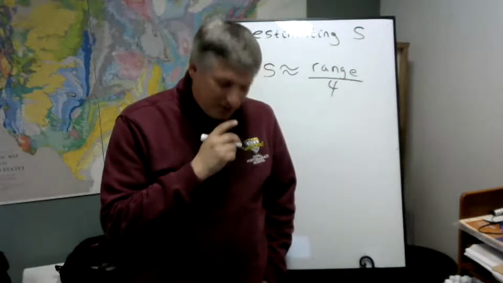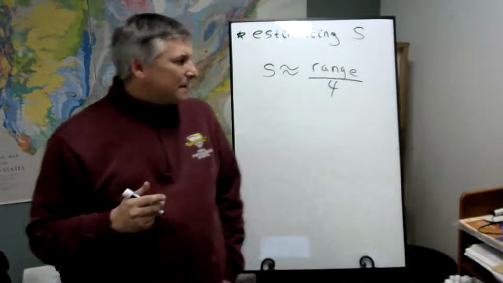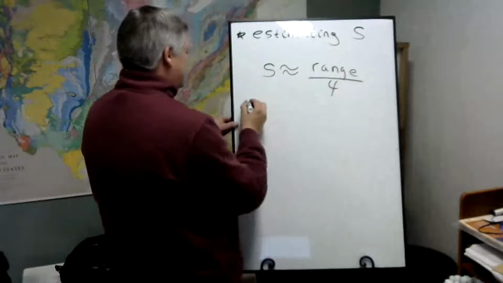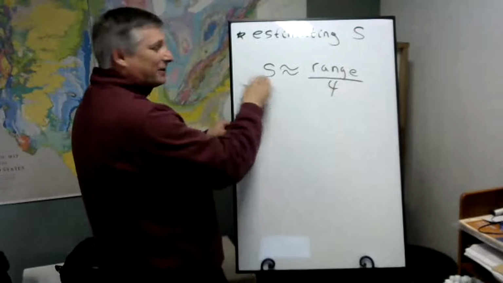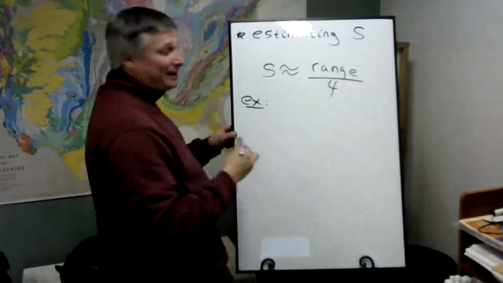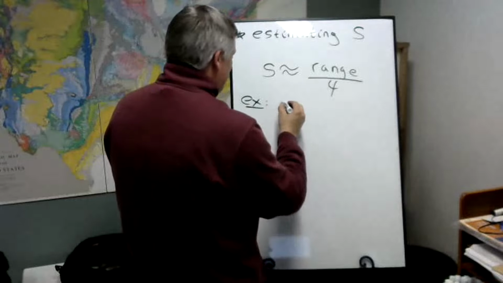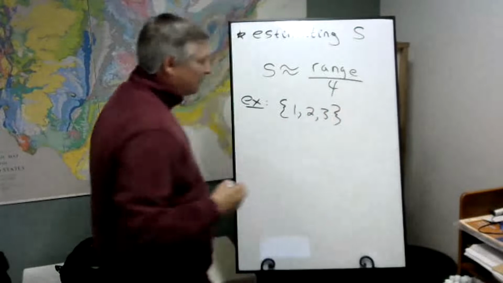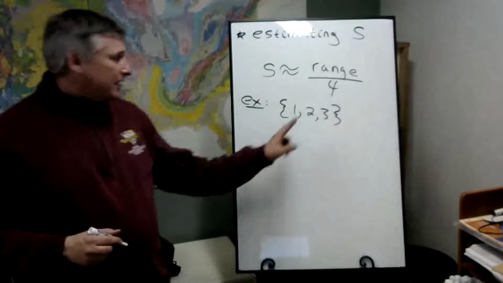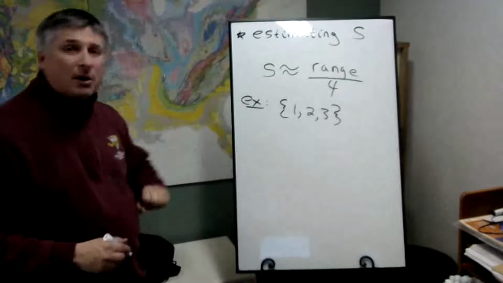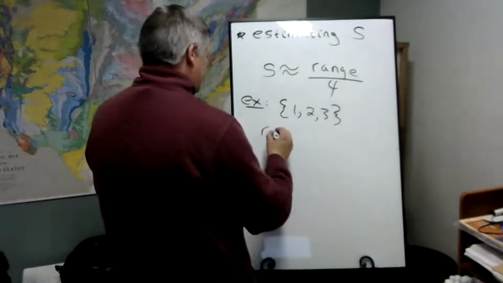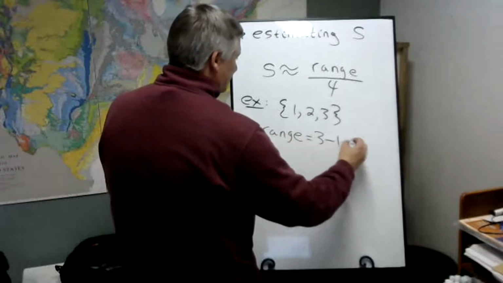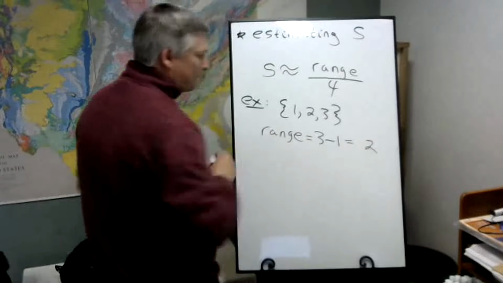Now, how good of an estimate is this? Well, let's take that data set where we actually calculated this using the formula by hand. So our data was 1, 2, and 3. Now the range is we take the largest value, subtract from it the smallest value. So the range in this case is 3 minus 1, or 2.